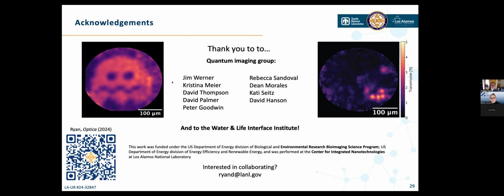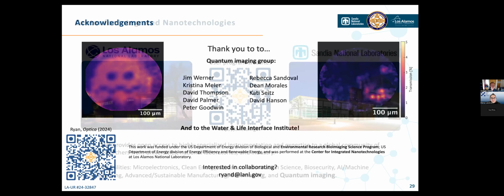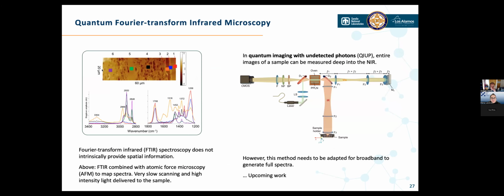I don't know if my question is going to necessarily be directly related to quantum ghost imaging, but I was really intrigued about your last slide about quantum FTIR imaging. I was wondering, for imaging spatially where water might be traveling in the seed while it's either drying or rehydrating, right now I guess we don't have to worry about a lot of light.